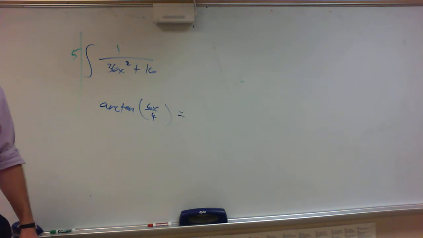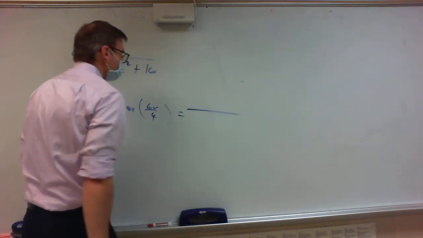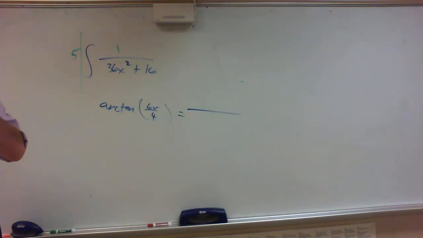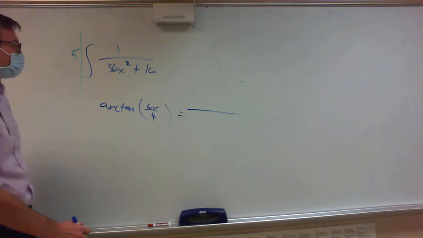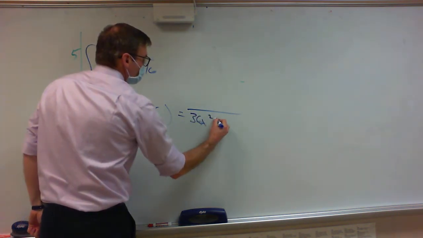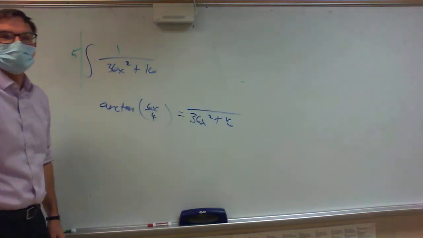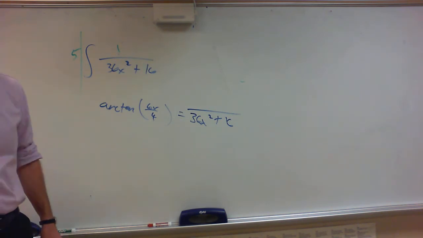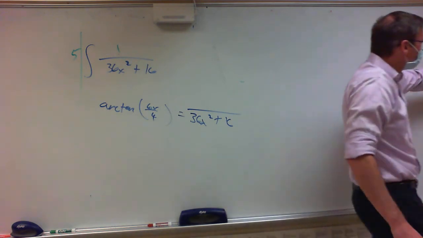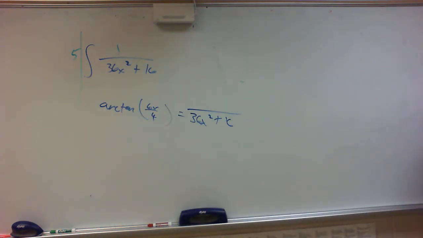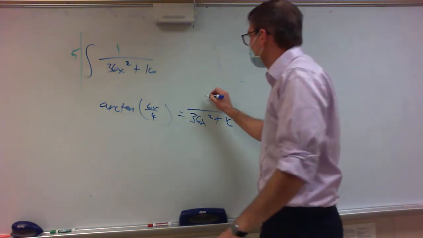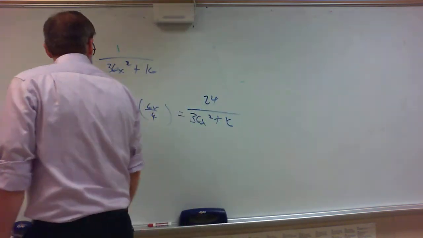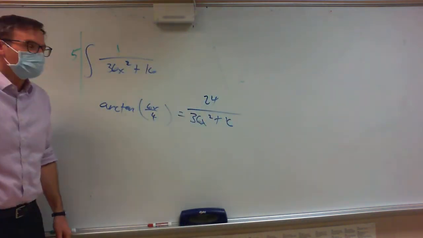What do we get? What goes on the bottom? 36x squared plus 16. What goes on top? 24. Remember, arctangent, whatever these numbers are, we have to multiply them. Times 5.